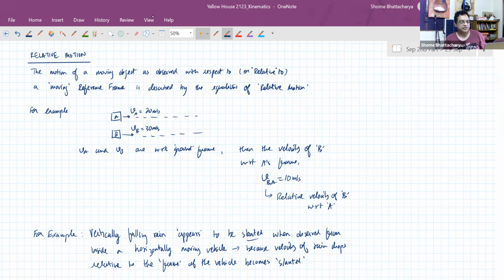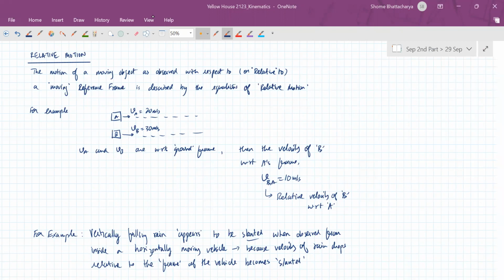So this is a general definition and a couple of everyday examples of the observation of relative motion. Now to understand how to write the equations of relative motion, let's start by understanding the parameters of relative motion. Like we had started kinematics by defining and understanding the kinematics parameters like position, displacement, velocity, etc., we will again redefine all these quantities for relative motion.